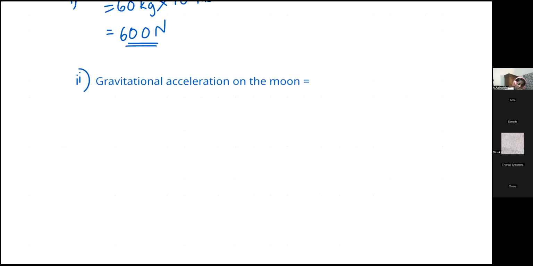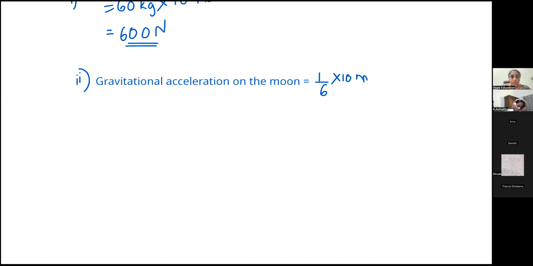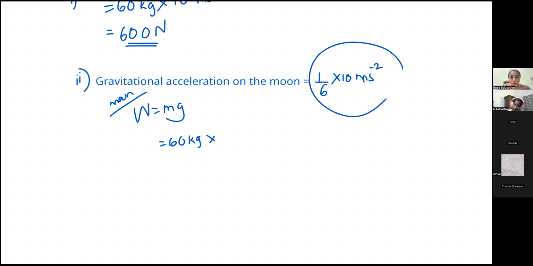Now on the moon it becomes 1 over 6 multiplied by 10 ms minus 2. Then we put W equals mg for the moon. Mass is still 60 kilograms. Now the gravitational acceleration is this, 1 over 6 into 10 ms minus 2.